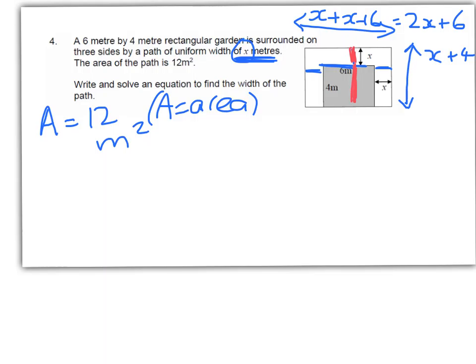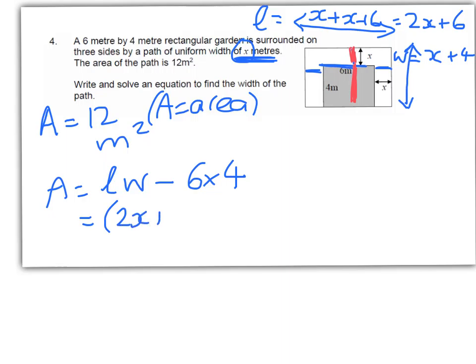So the area is 12, but it's also equal to the length times the width minus the area of the garden. So we'll call the length that dimension and the width this dimension. So we've got 2x plus 6 times x plus 4 minus 24.